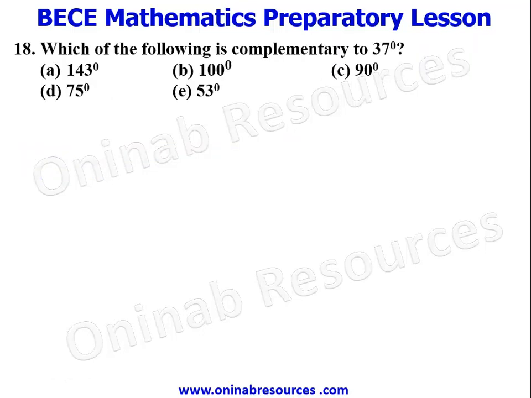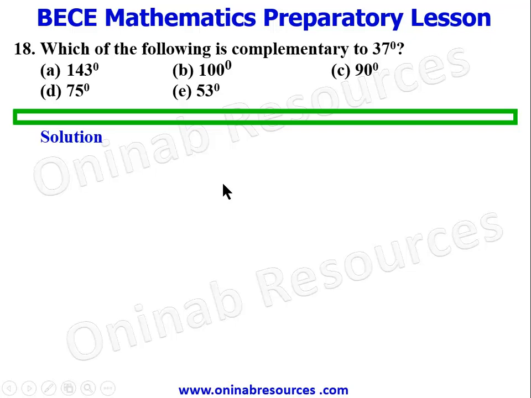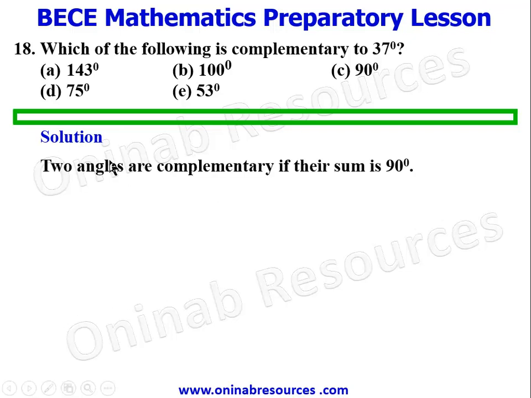Which of the following is complementary to 37? Two angles are said to be complementary if their sum gives 90. And remember, if their sum gives 180 degrees, it means they are supplementary angles. So to calculate that now, we said two angles are complementary if their sum is 90 degrees.